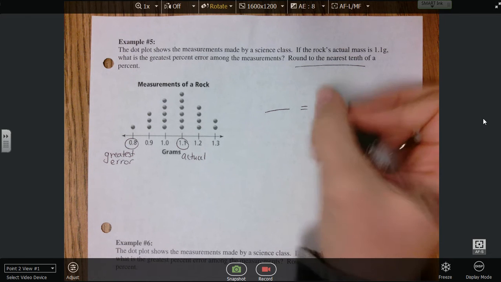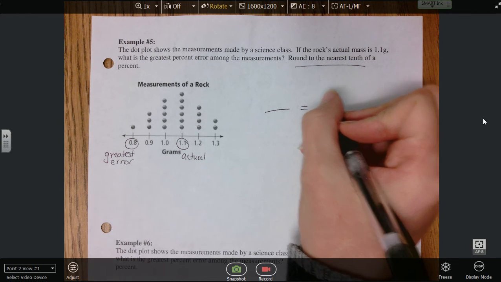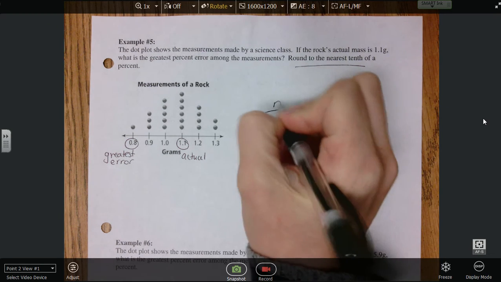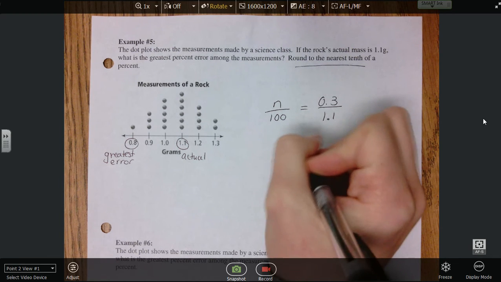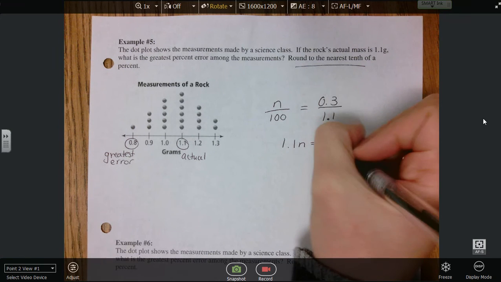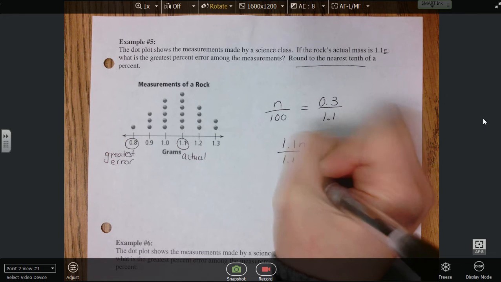Our greatest error is 8/10 minus the 1 1/10 to give us 3/10. The actual amount is the 1 1/10. And again, I'm looking for the percentage here. So 1 1/10 times n equals 3/10 times 100, which will be 30. Divide that by 1 1/10.